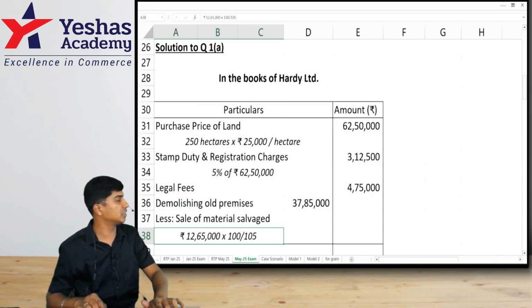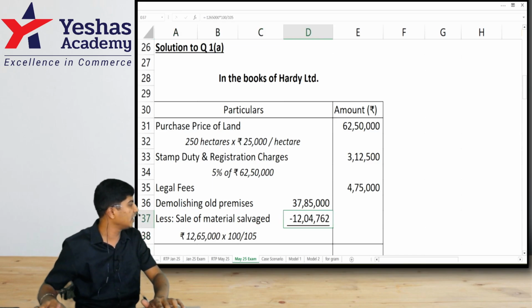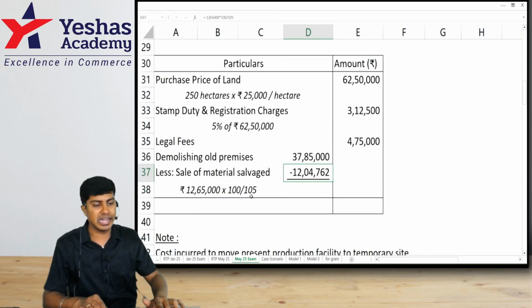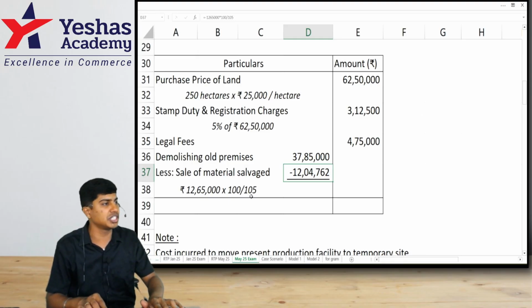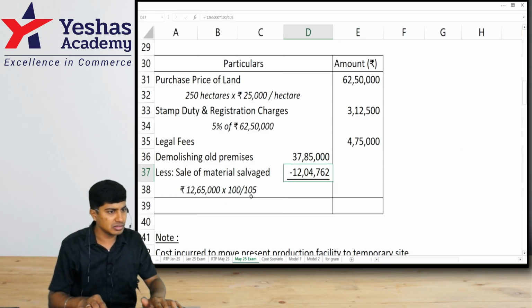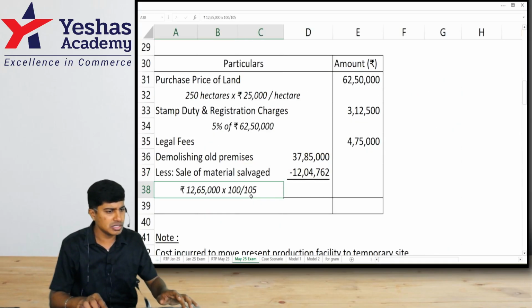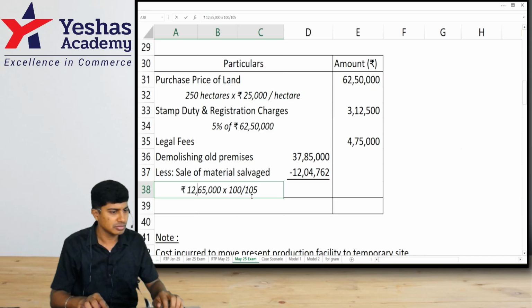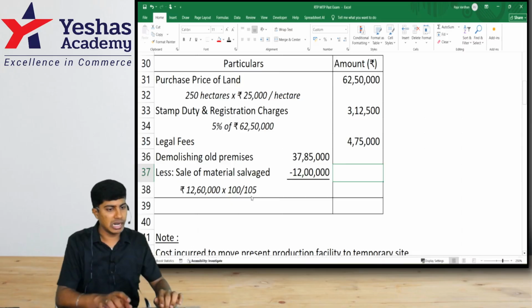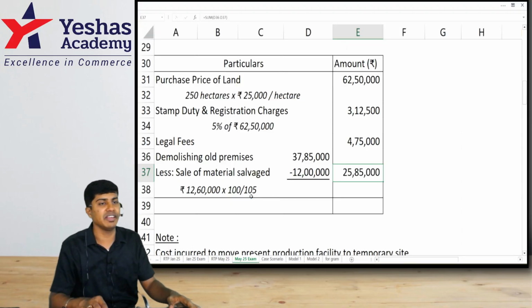It is 12,60,000 into 100 by 105, which will give me 12 lakh. Oops, sorry, it's 12 lakh 60, not 12 lakh 65. Now if you deduct, you get 25 lakh 85,000.